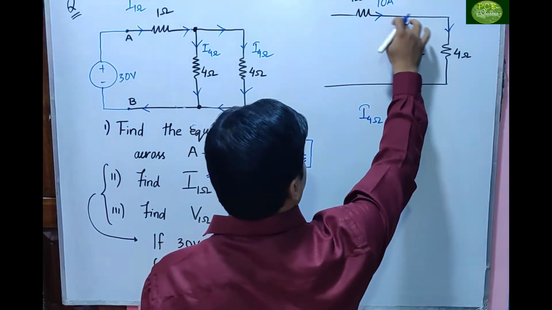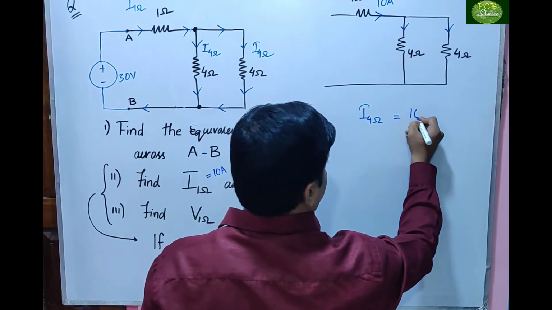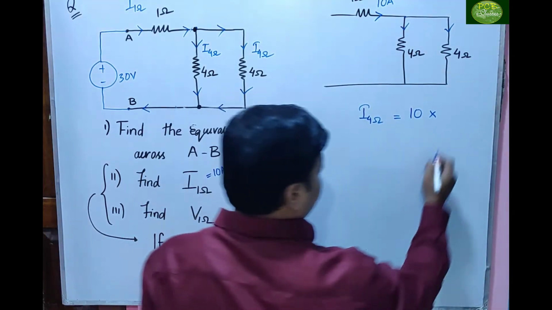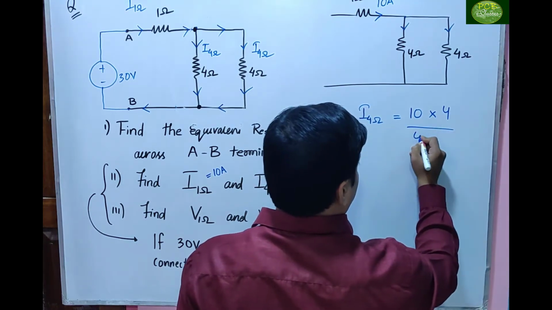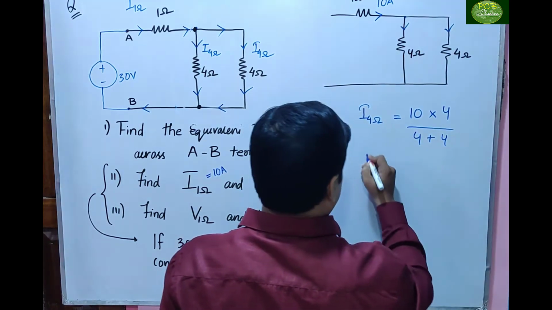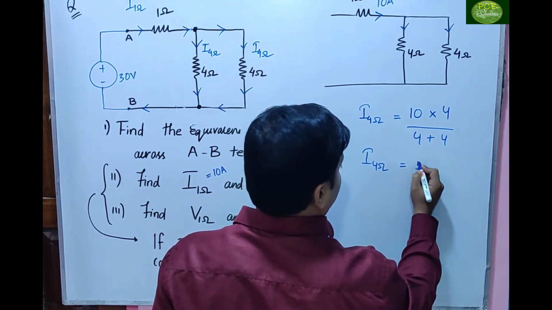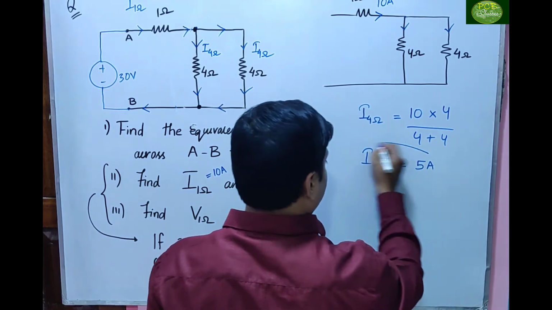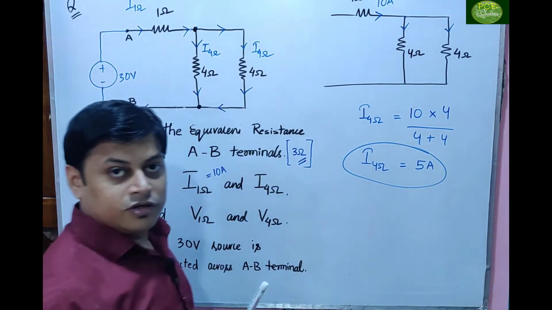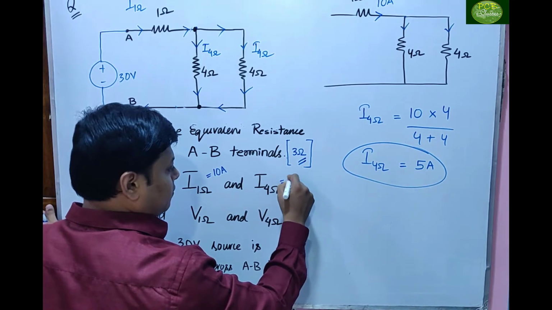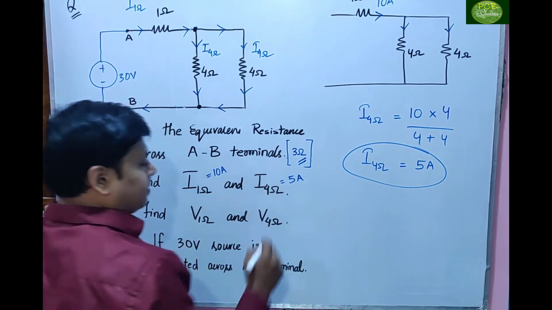What is the total current entering? 10 ampere, multiplied by the opposite parallel resistance, 4 divided by 4 plus 4. So I4 ohm, what you are getting? This is your second answer. So what will be the answer? 5 ampere.